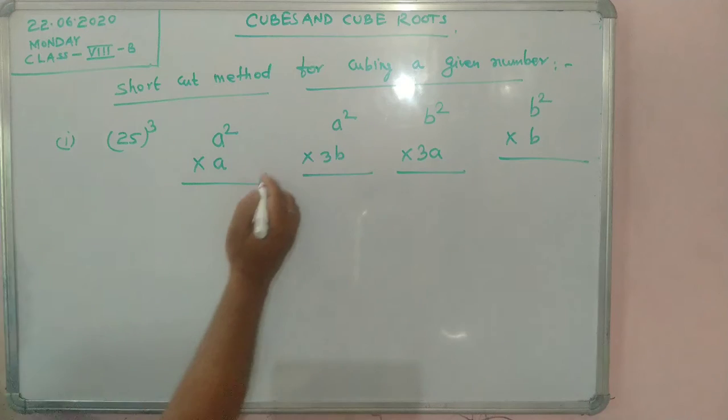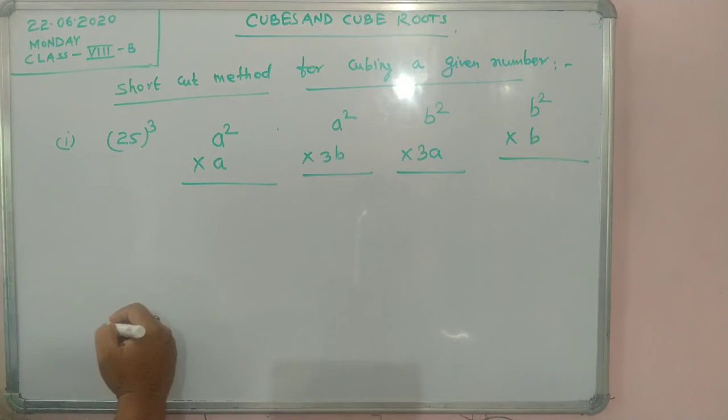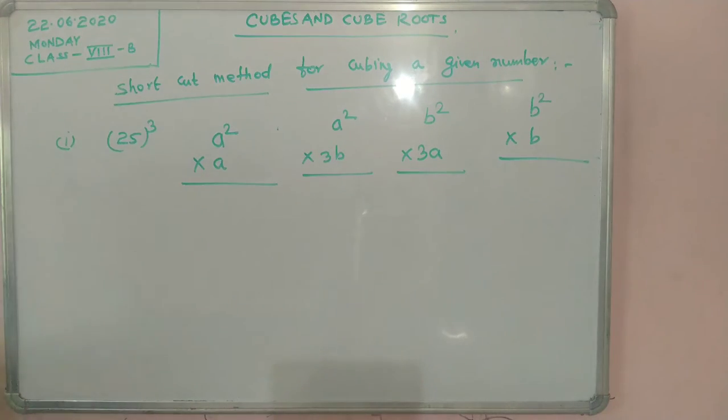This is the formulation, the pattern, by which we can cube a given number through the shortcut method.